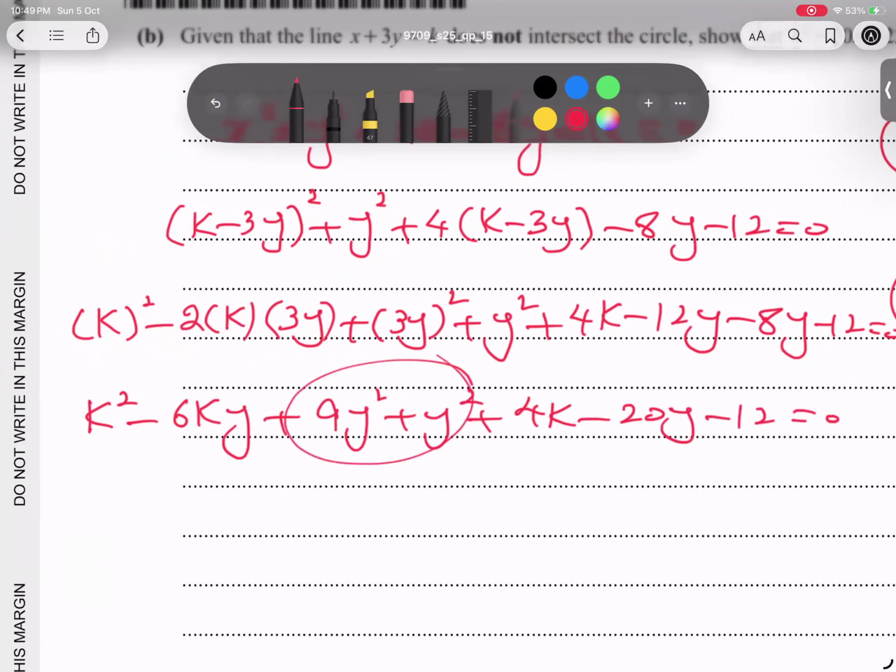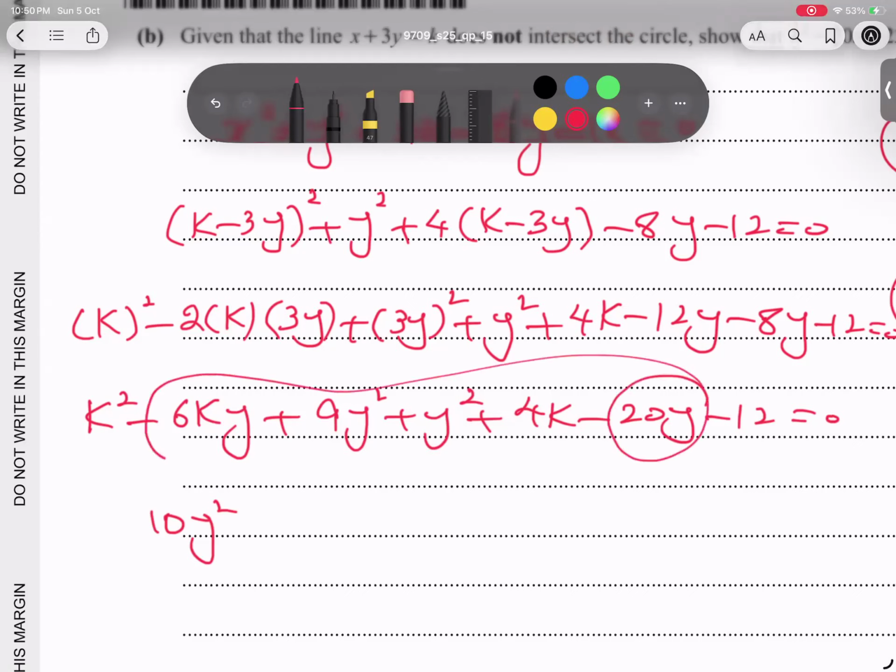Reorder. This will give us 10y to power 2. What is left further? There are two y terms, so I will take common out. I take negative and 2 common, and y. So I got two threes and two tens, and they become positive.